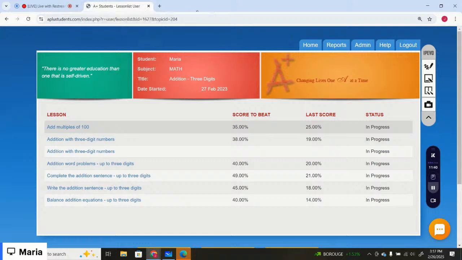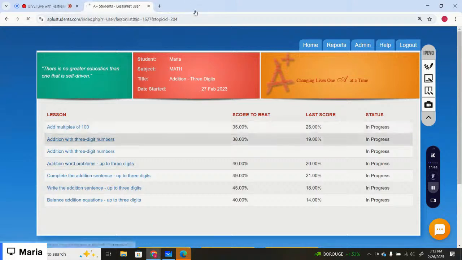The next lesson is addition with three-digit numbers. Let's just start with the lesson.